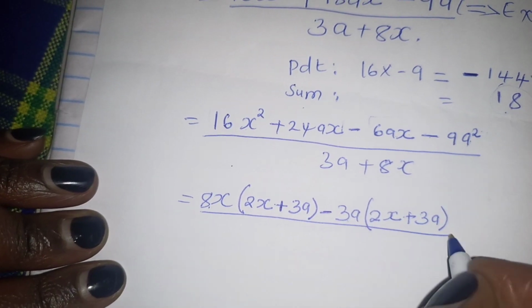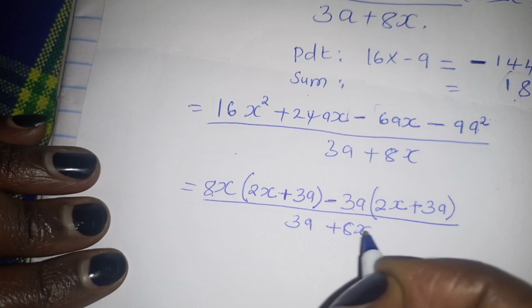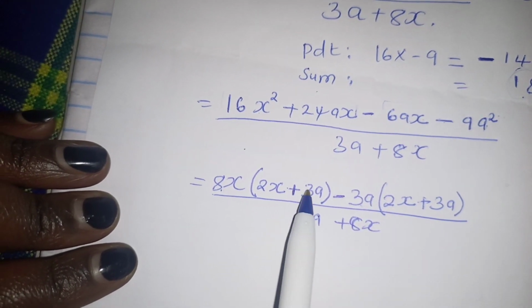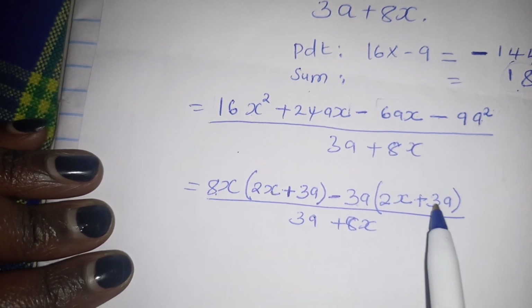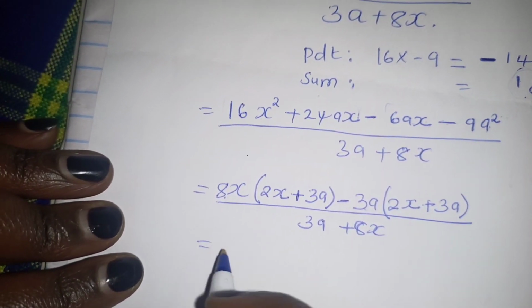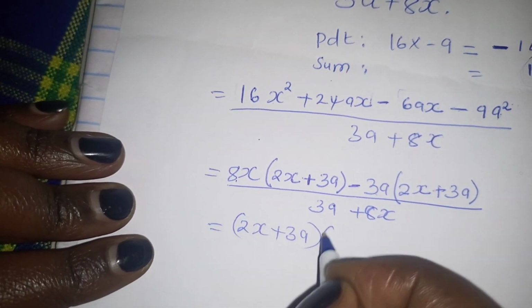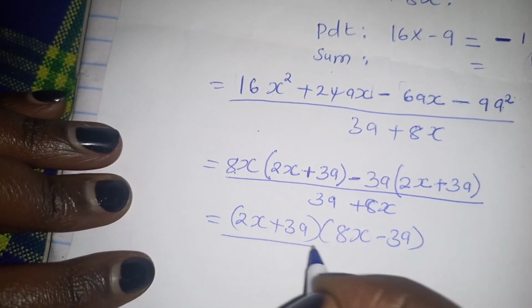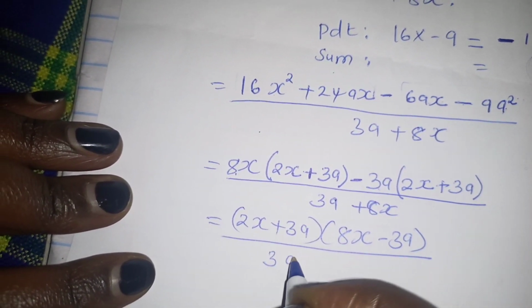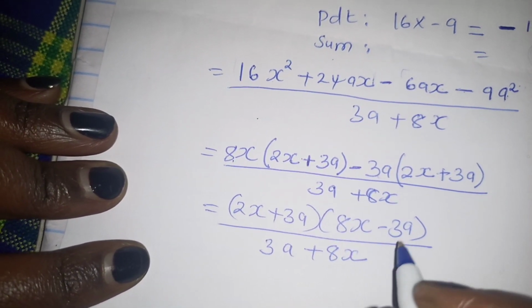And everything is divided by 3a plus 8x. So again, we factor out the common, which is 2x plus 3a, to give us 2x plus 3a, 8x minus 3a, divided by 3a plus 8x.